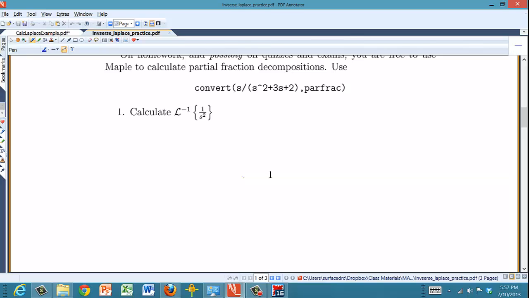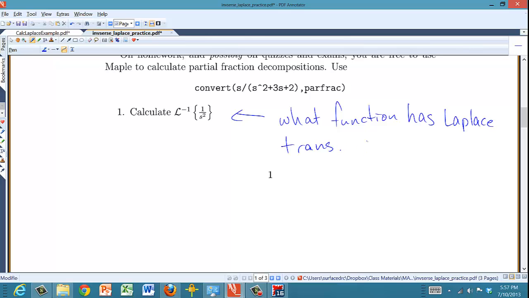Alright, calculating inverse Laplace transforms. This first problem says find the inverse Laplace transform of 1 over s squared. So what's this asking? This is asking what function has Laplace transform 1 over s squared? There is no certain method to calculating these.